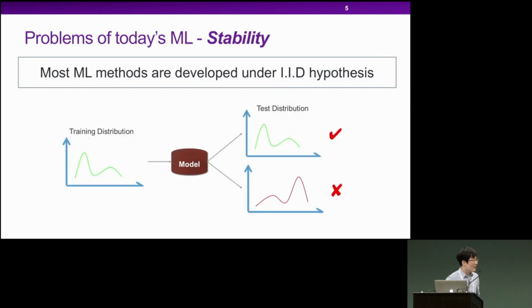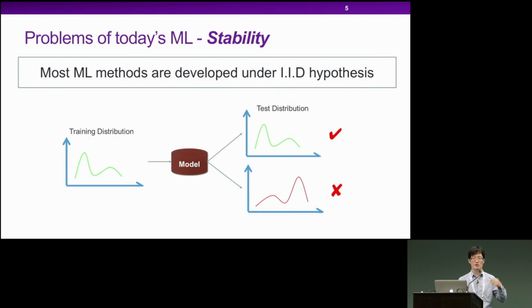And the other problem is about stability. Most of our machine learning methods are developed under a very ideal hypothesis, that is the IID, right? IID means the samples are drawn from identical and independent distributions among the training and the testing.